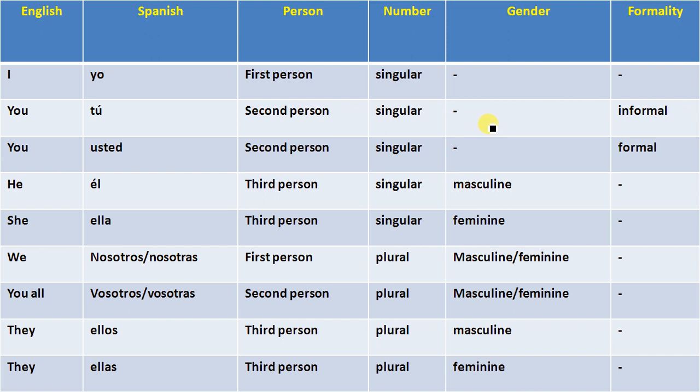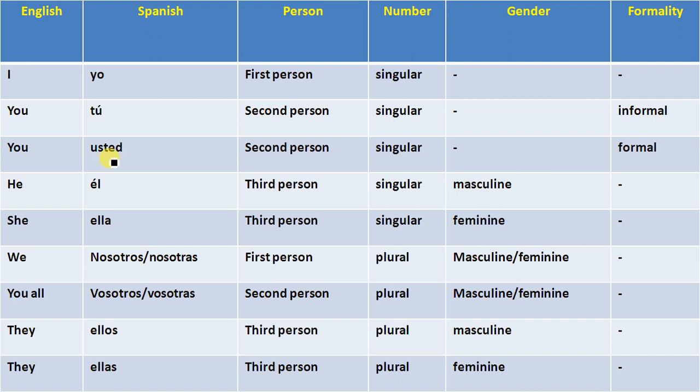If only one person is in front of you and you want to say you, then you use tú. Suppose your friend is in front of you; you can use tú, because tú is informal. But if you are talking with your boss or a senior person, you should not use tú, because it is informal. Instead of tú, you will use usted.